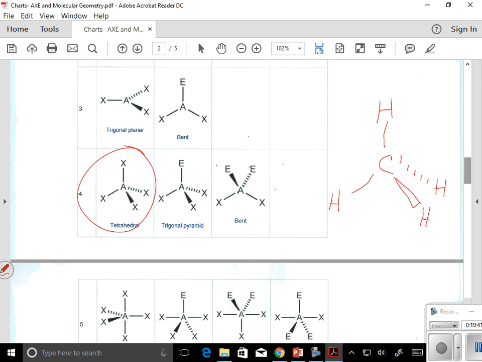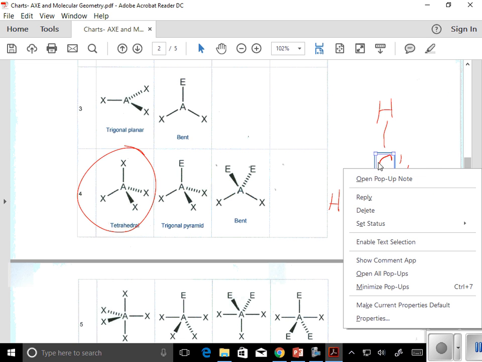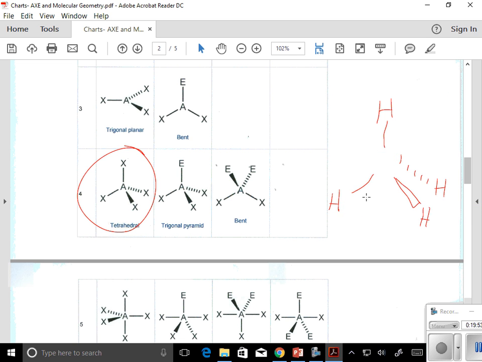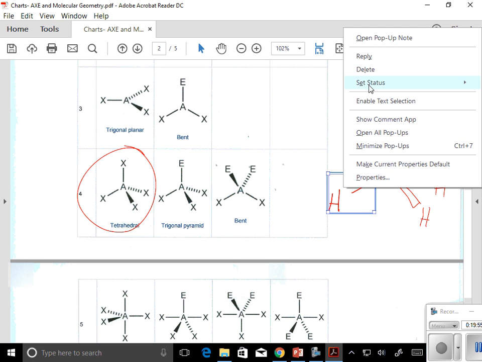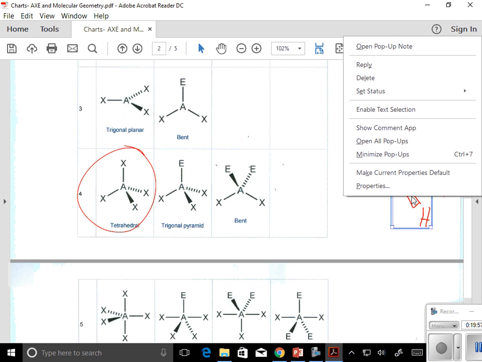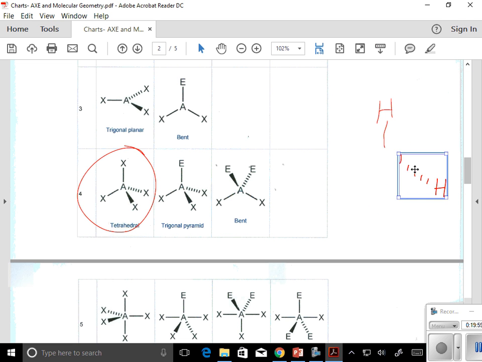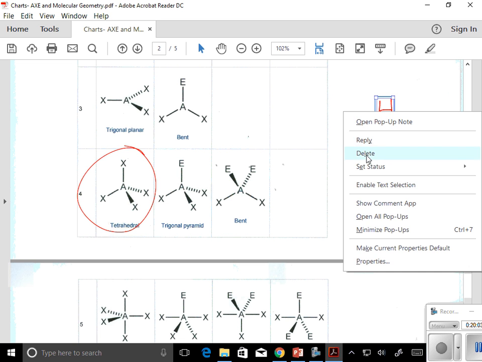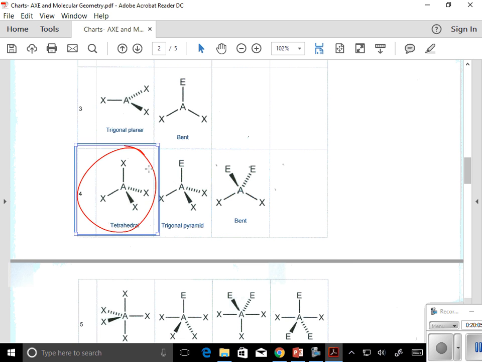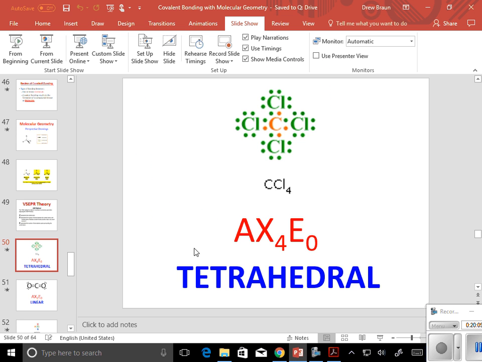So when you do your test over bonding, you will have a packet available to you. Will it be your packet? I didn't say that. I didn't say it would be your packet, but you will have a packet. So I'm getting this stuff off of my screen here, and I'm going to go back to my PowerPoint.